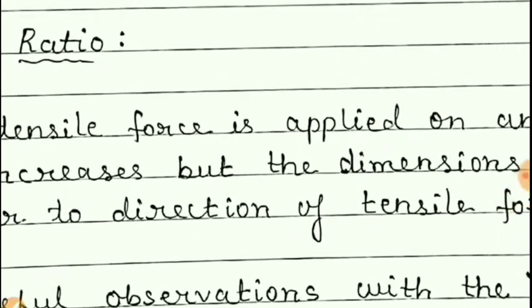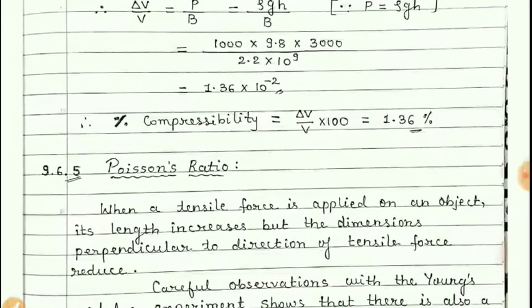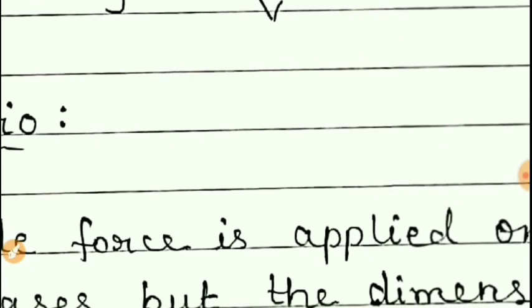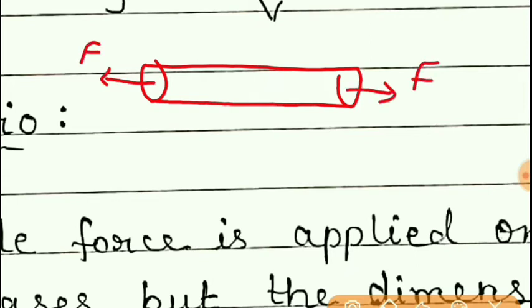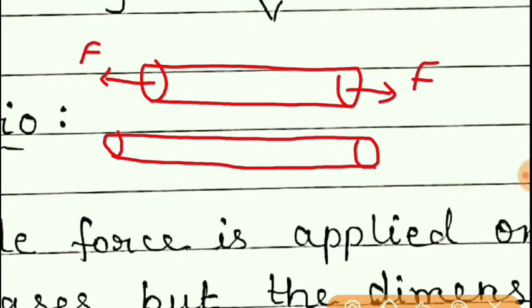Students, in Young's modulus, we have seen that suppose there is a linear metallic rod, and if I apply the force, what will happen? Its length will increase. Definitely its length is going to increase when the tensile force is applied.